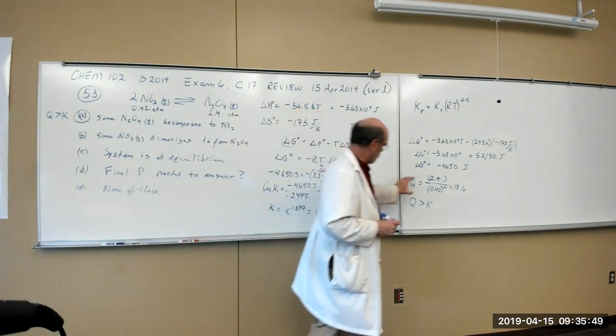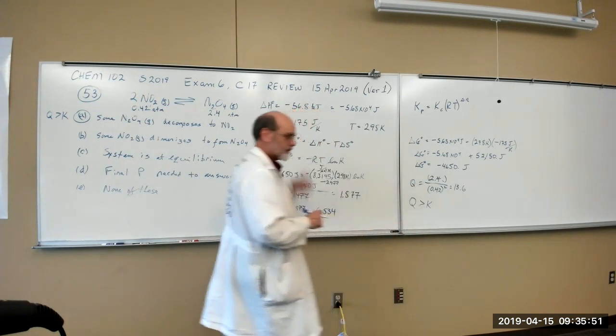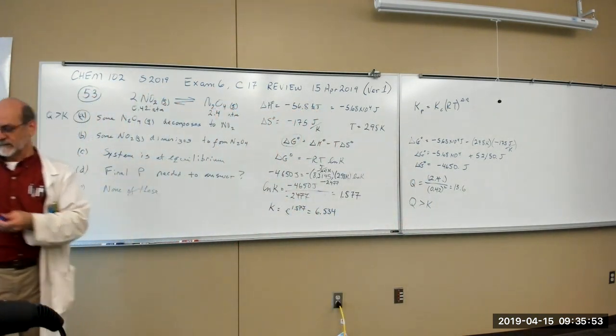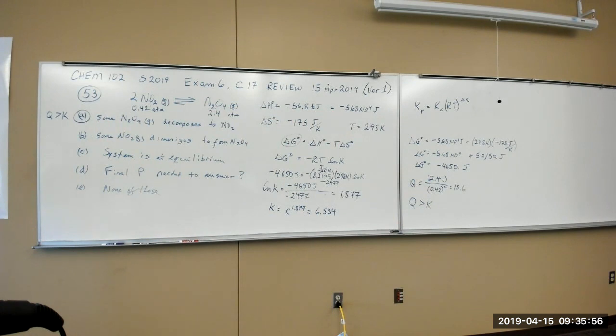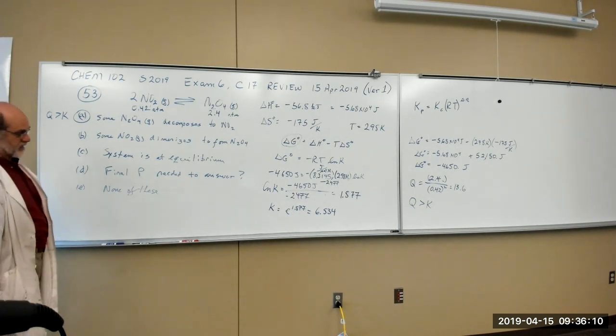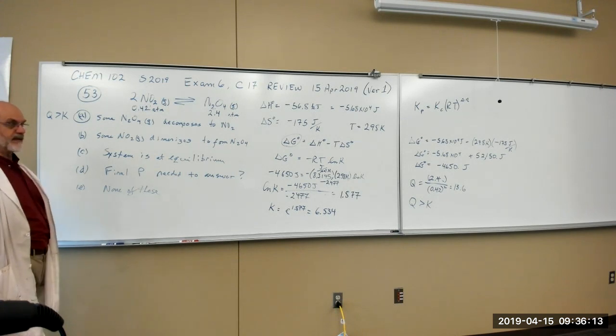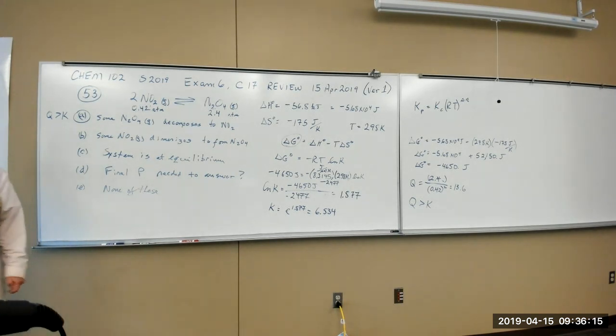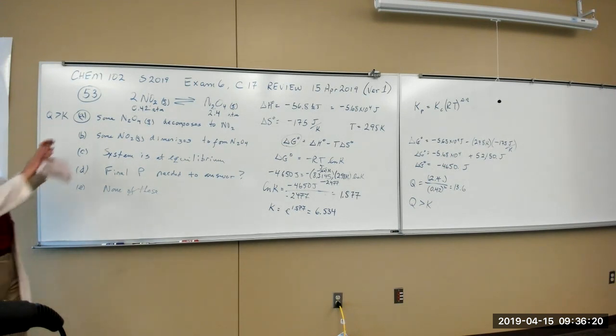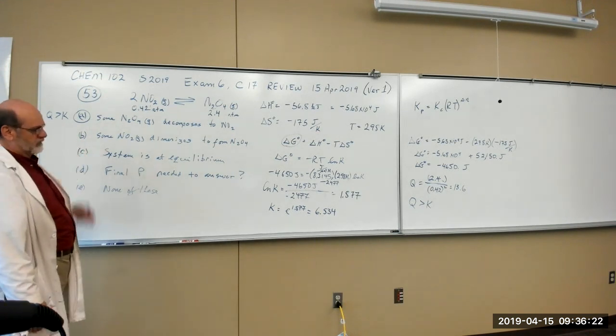Then all you have to do is calculate the Q and compare it to the K and answer the question. That would be doable on a test. I mean, how much time did it just take you to go through it? You already know how to do this. So that needs to be abbreviated for test taking purposes. Or bonus. Or just excerpt a part of it and change the question.